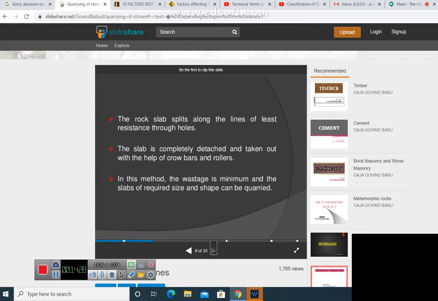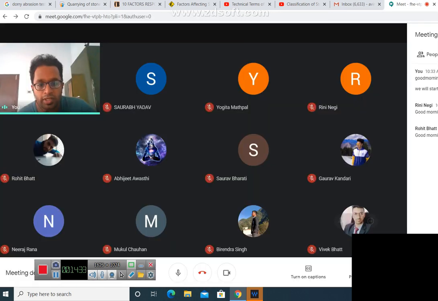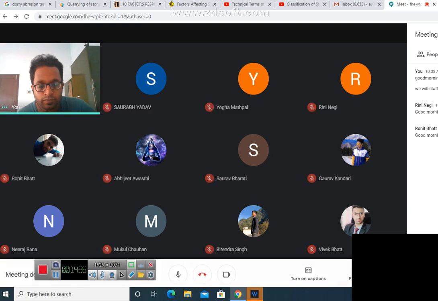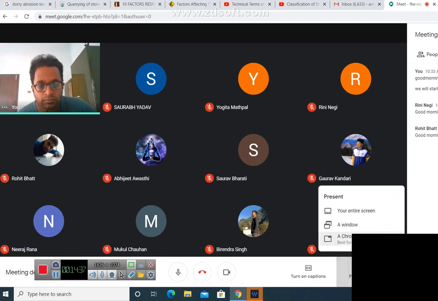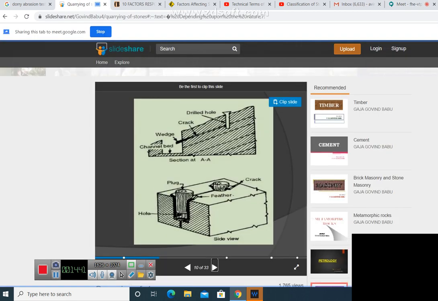After wedging, you have another kind of operation. Okay, I will show you one image. This is the image. You will be drilling holes like this and inserting a plug like this, and after considerable driving, it will split into different pieces.